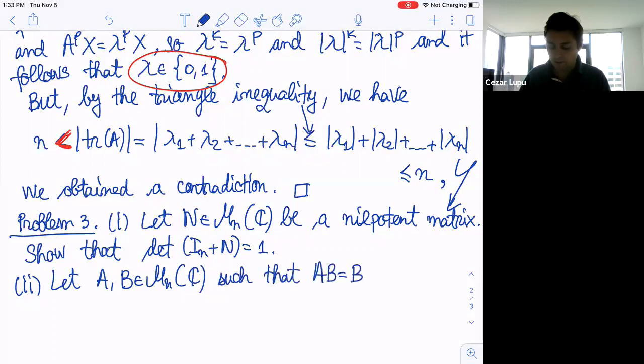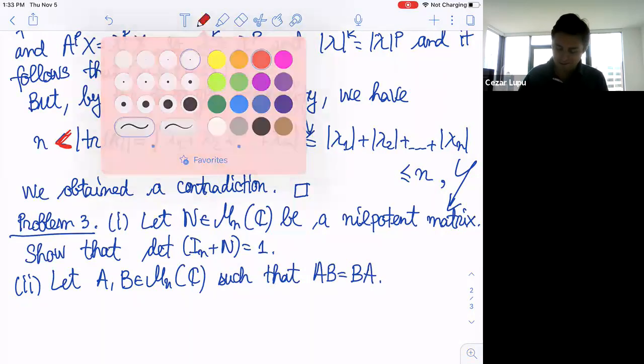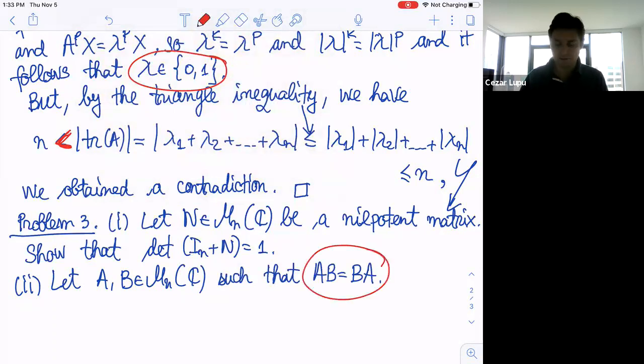And remember, last time I told you that something happens when the 2 matrices commute. You can do basically pretty much everything you want. You can simultaneously triangularize them. So in fact, that's what we're going to do. This is an important condition.